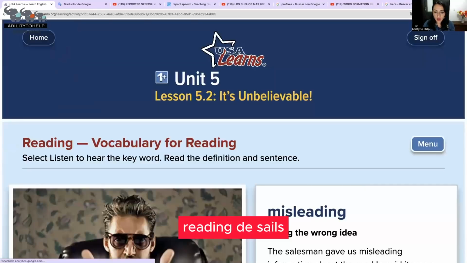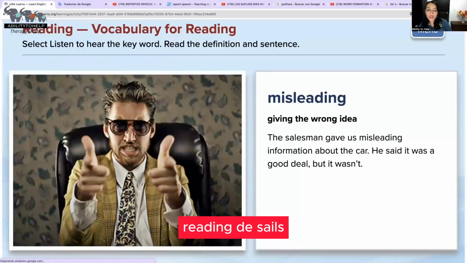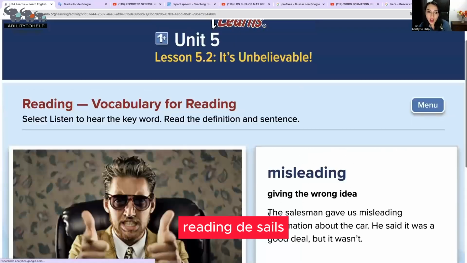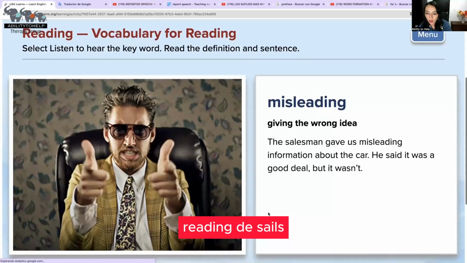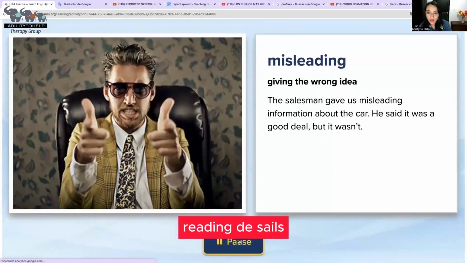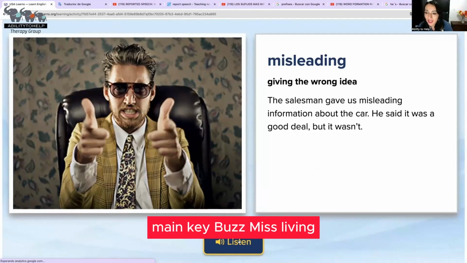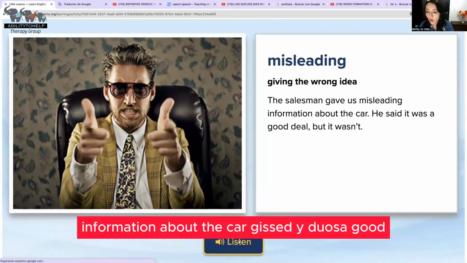Reading. So we are learning new words about this topic. So let's see. Misleading. Giving the wrong idea. The salesman gave us misleading information about the car.